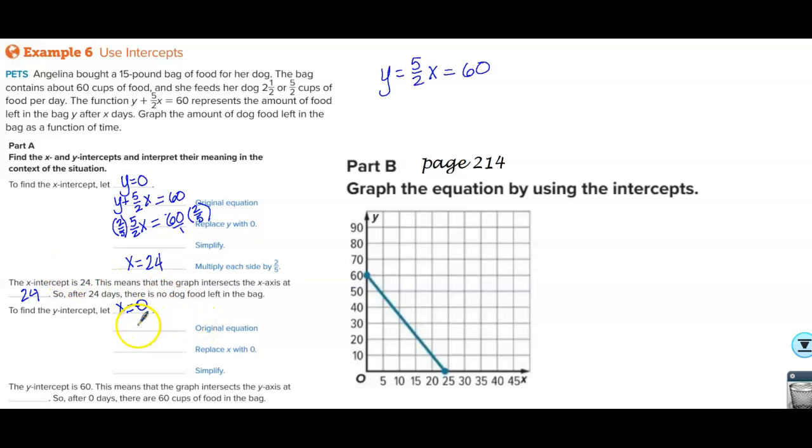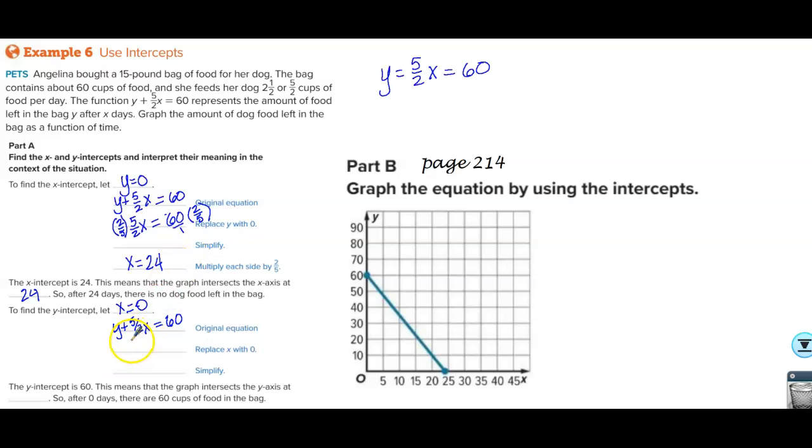We do the same thing to find the y-intercept. All right, when x is 0, x is the number of days. So basically, before she starts feeding the dog, she obviously is going to have 60, but we go through the motion anyway. Write the original equation, y plus 5/2 x equals 60.